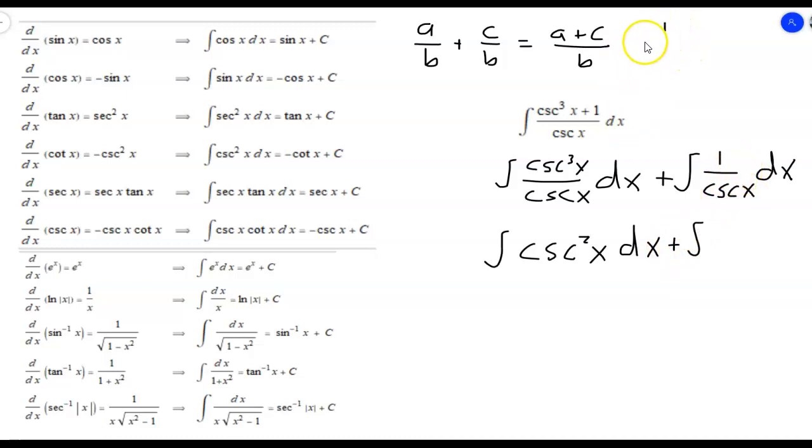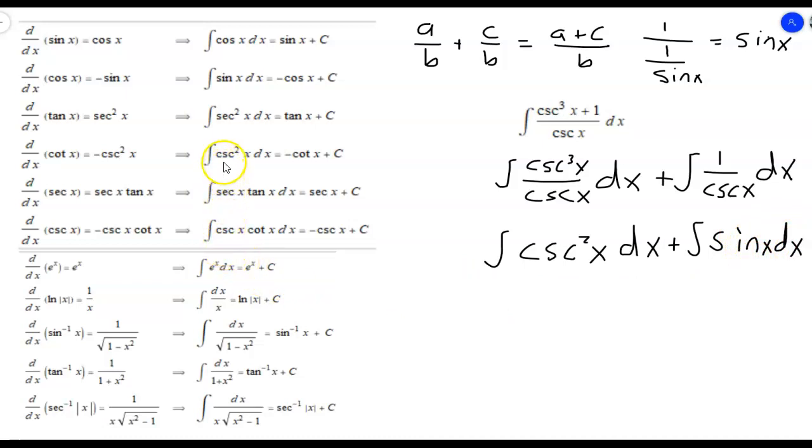and over here, well, 1 over cosecant, let's look at what that is. Remember, cosecant is defined as 1 over sine of x. So when we multiply by the reciprocal of the denominator, this whole thing is just going to equal the sine of x. So 1 over cosecant of x is just equal to sine of x dx. All right.